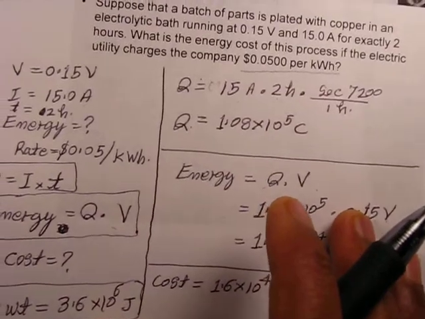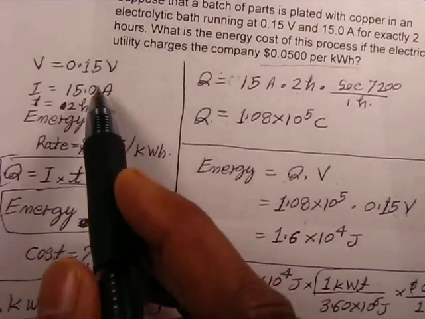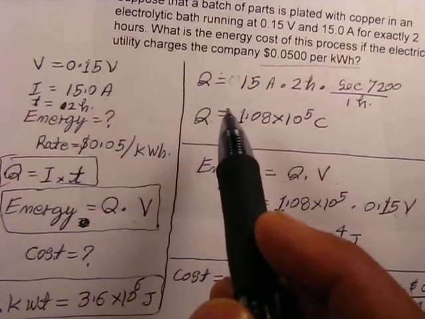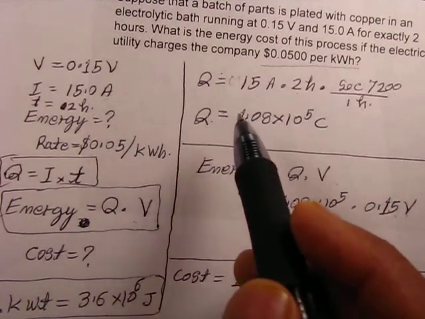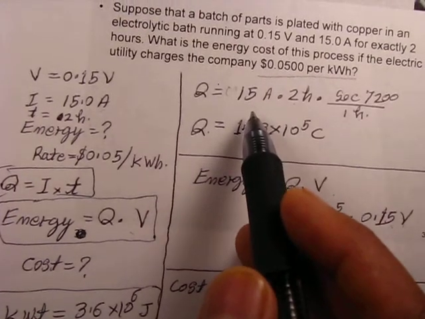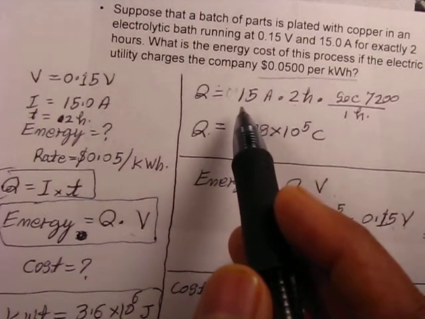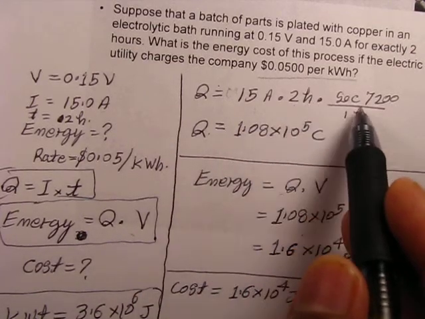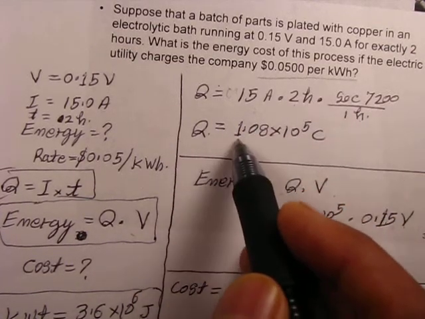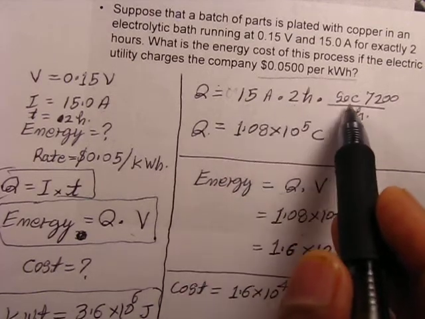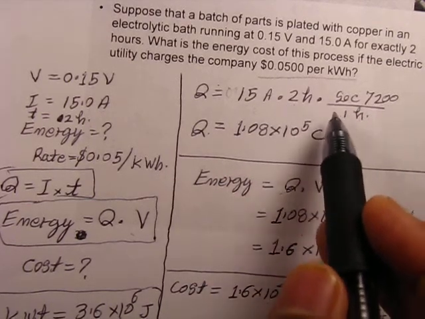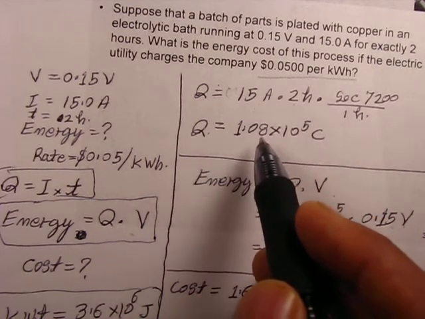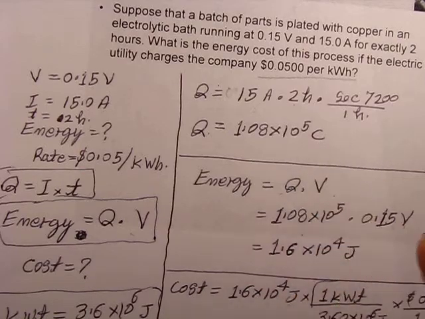We have to find the cost. First we have to find out how much charge we are passing by using 15 ampere of current for 2 hours, which we have to convert into seconds. So 15 multiplied by 2 multiplied by 3,600, that is 72,000 coulomb in total as 15 times 72,000 gives us a charge of 1.08 times 10 to the power 5 coulomb.